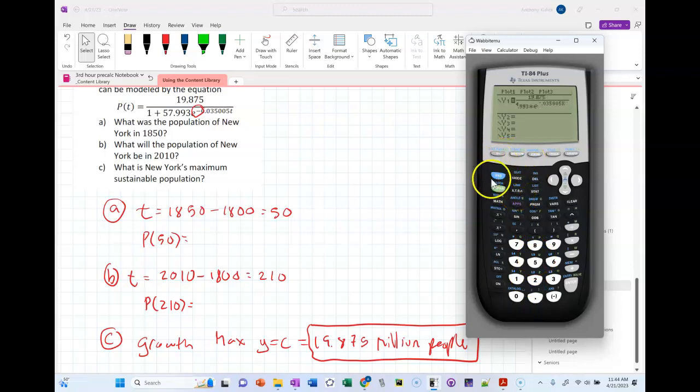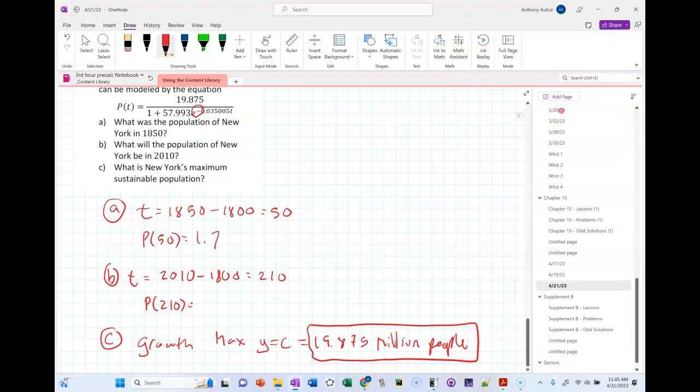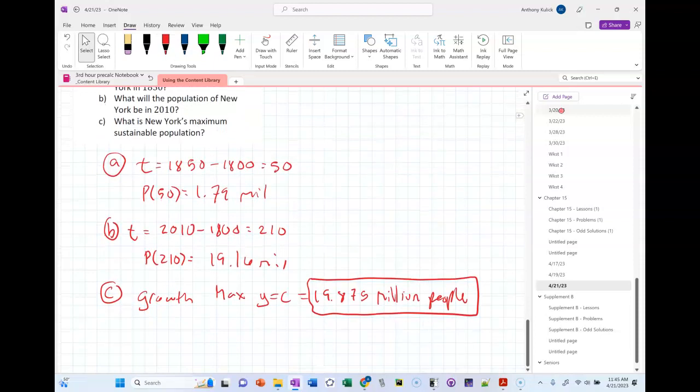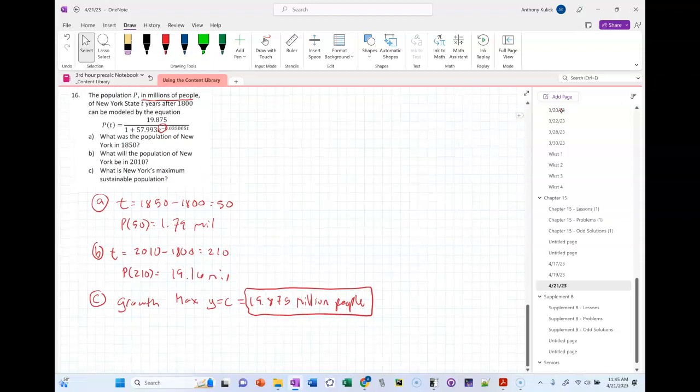Okay, so got that in to y1. I'll do vars, y vars function, y1 of 50. So that's 1.79 million. And then if I do the same thing, I'll just press second and enter to recall the same thing, go back and edit. In 2010, we're at 19.16 million. Ooh, we're getting pretty close to that maximum sustainable population. Maybe our model is wrong.